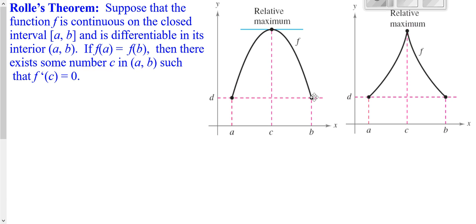The change in your y would be 0. 0 divided by anything is 0. So that's why your slope is 0 whenever you're looking at Rolle's theorem. And so your slope is equal to your derivative, just like the mean value theorem says. But remember, with Rolle's theorem, your two endpoints have to be at the same height, so that's why it's 0 there.